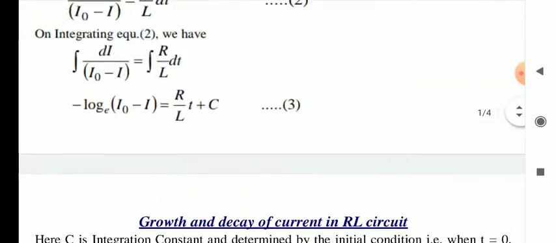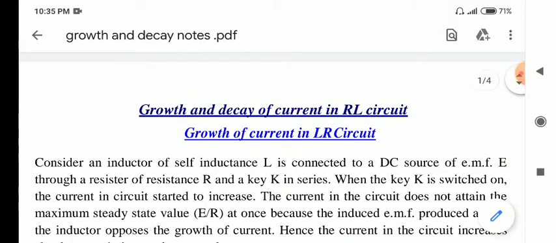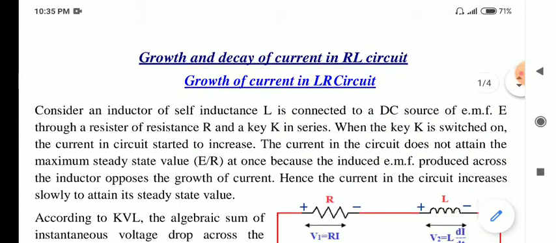So we have defined that already. This is all about the growth and decay of current in an RL circuit.